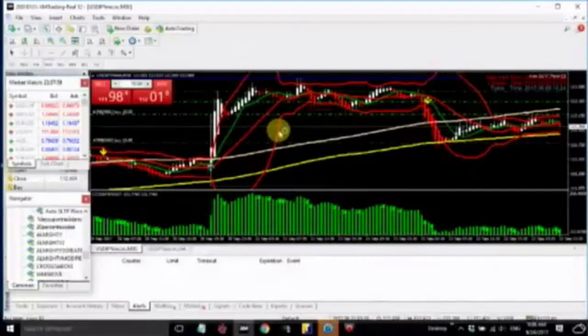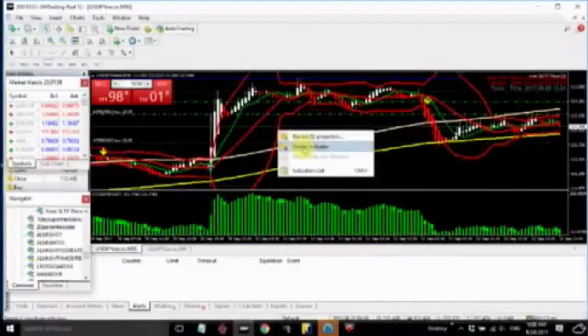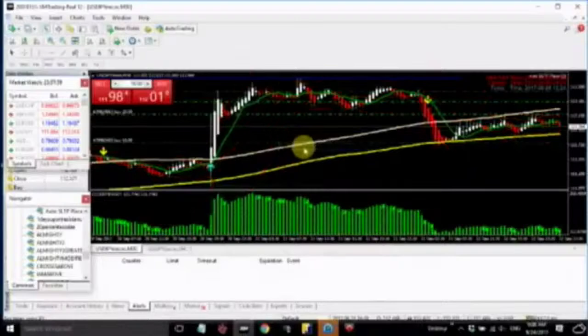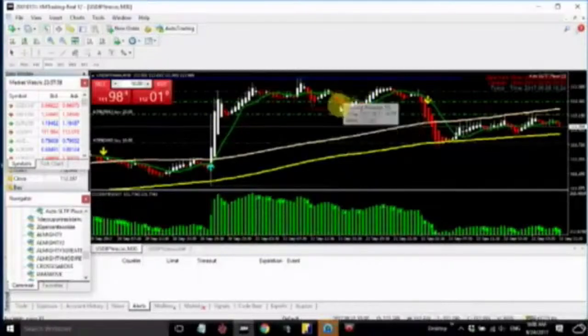Example, if I remove Bollinger Band right now, and the price jumps from this moving average period 200 and now it's flat here, and now it got here, I think you're going to be confused when you see this kind of move.